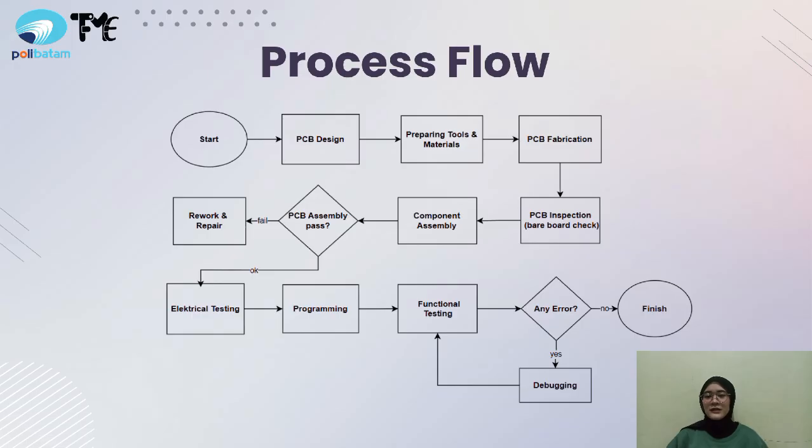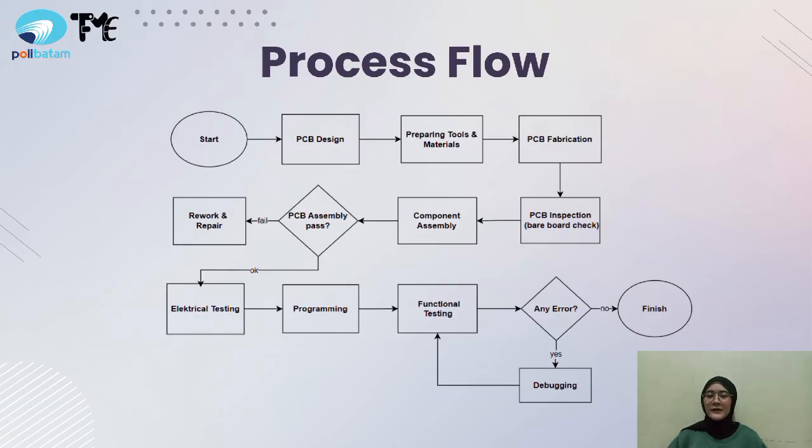This slide shows the complete process flow of our project from the initial design to the final tested product. The process starts with planning, where we define the project requirements and specifications. Next is PCB design. We create the schematic and PCB layout using Altium Designer and determine the component placement and routing.